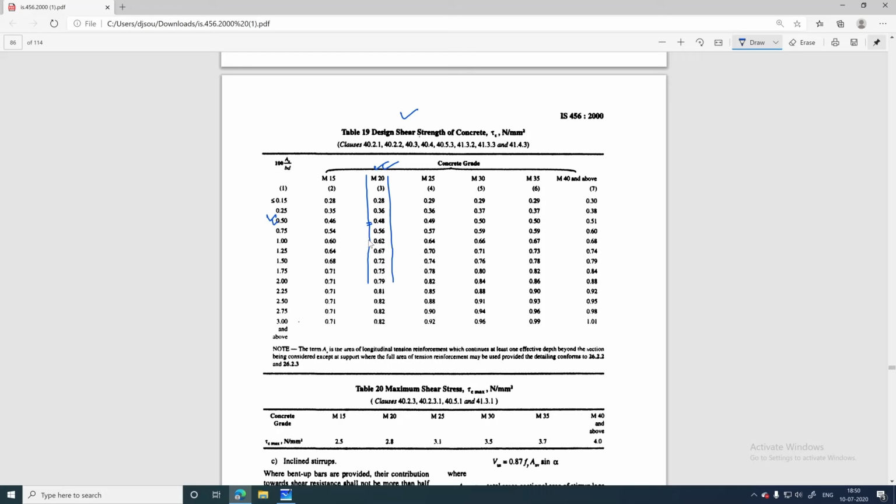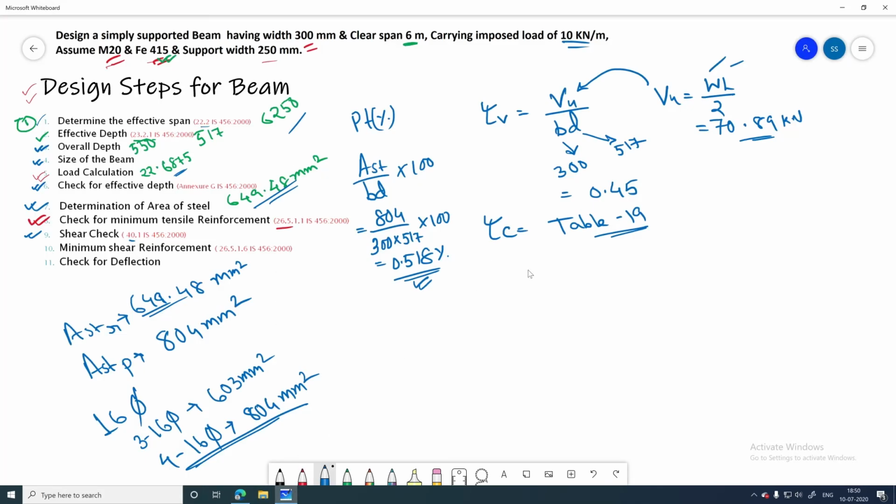So the tau c value will be 0.48, the tau c that we get from Table 19. In our case tau c is greater than tau v.